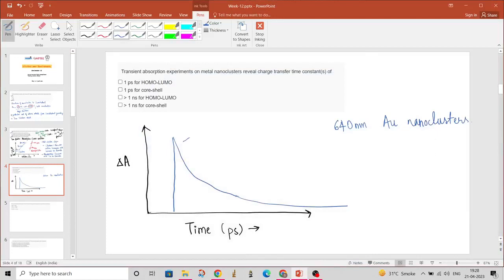The fast component was designated to HOMO to LUMO charge transfer in core, and it was 1 picosecond.